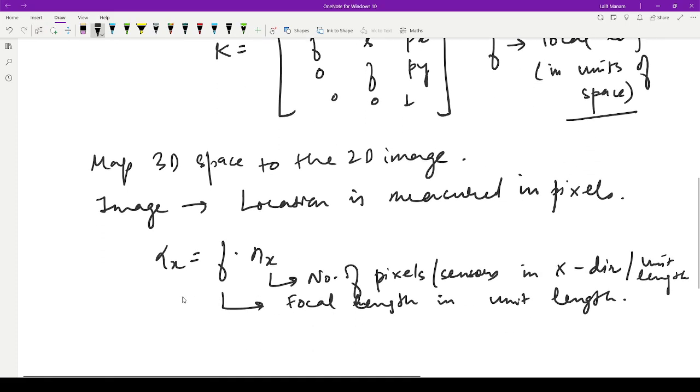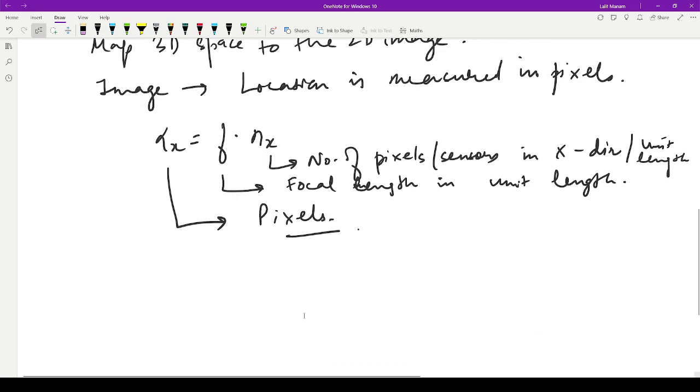So what would be the units of alpha x? It will be in pixels, right? Okay, not getting any response.